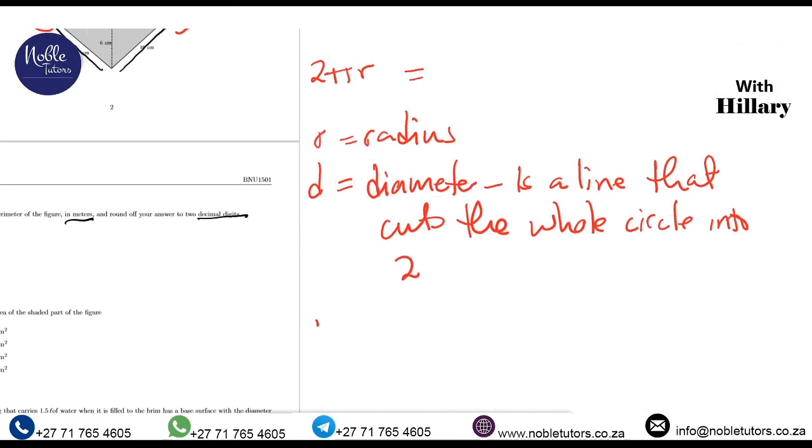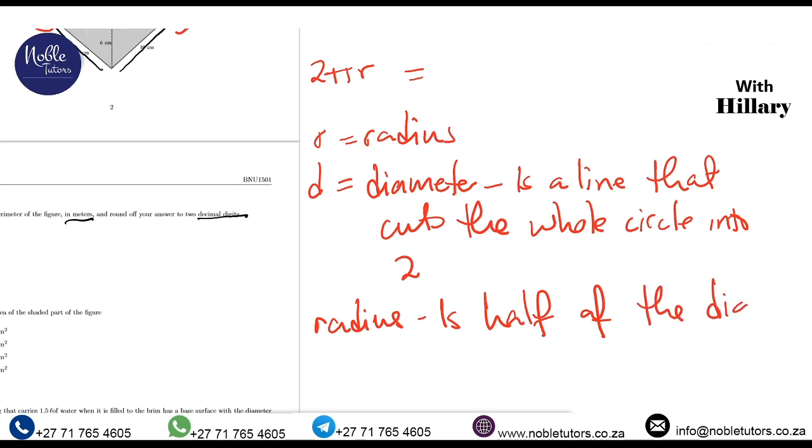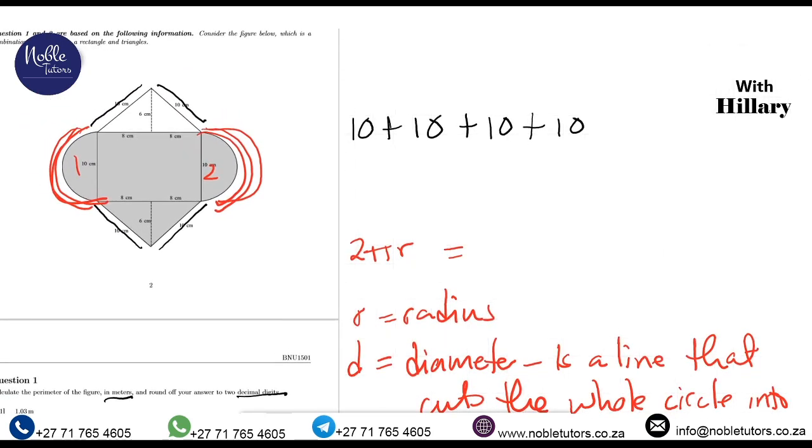Hence, radius is half of the diameter. So on our question here, we can note that we have a diameter which is 10 centimeters long. So our diameter is 10 centimeters long. That means our radius is half of 10 centimeters, which is 5.